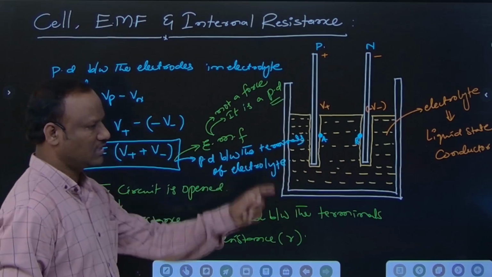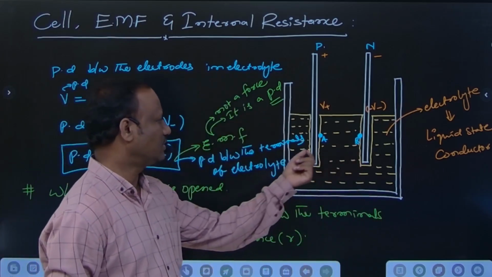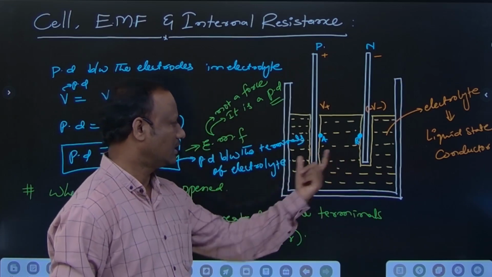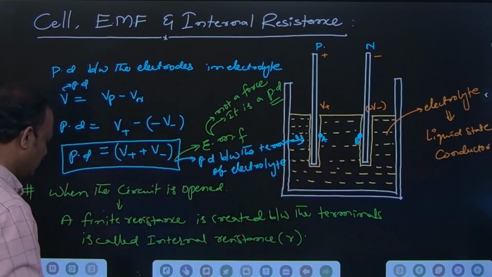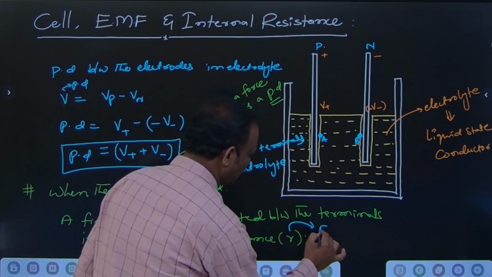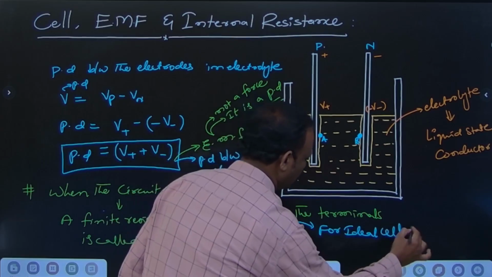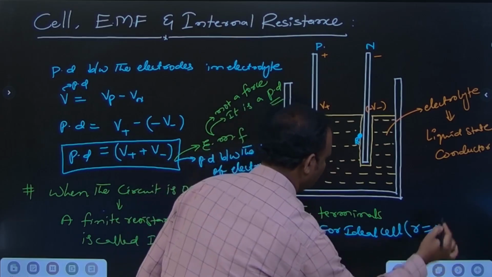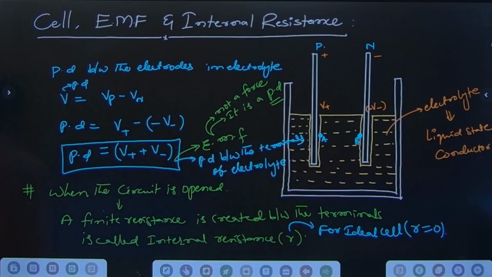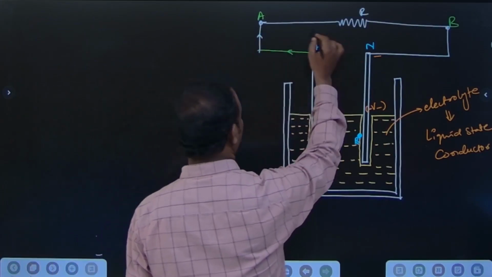So what is the internal resistance? A finite resistance created between the terminals of a battery is called internal resistance, denoted by small letter r. For an ideal cell, the internal resistance r equals 0.